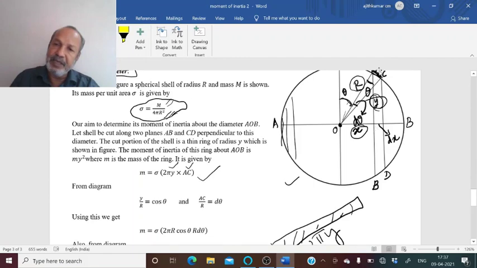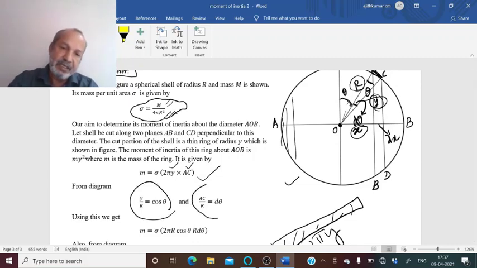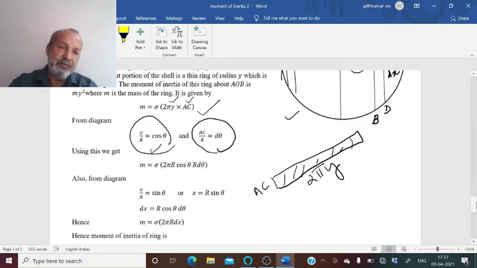This Y by R is adjacent side by hypotenuse, that is equal to cos theta, and AC by R is arc divided by radius, that is equal to d theta. So from the first equation we have y is equal to r cos theta, and from the second equation AC is equal to r d theta. Substituting that in this equation, we get the mass of the ring is this one.